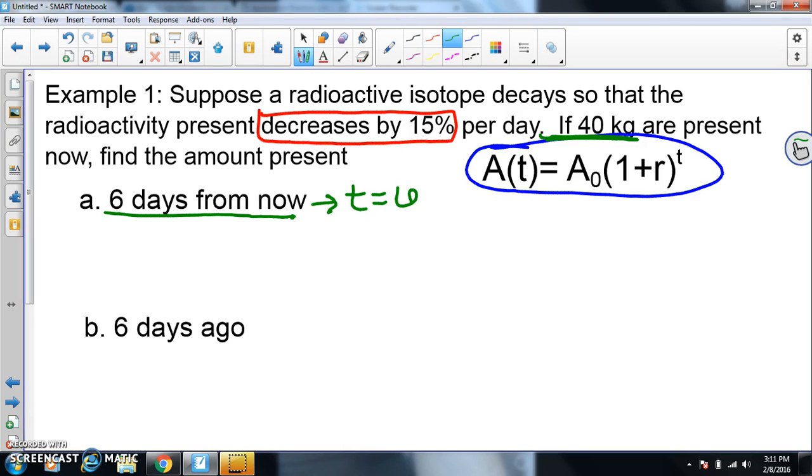We're going to plug it into our formula so that we get A of 6 is equal to the initial amount, 40, times 1. My rate is decreasing by 15%, so I'm going to rewrite that percentage in decimal form. But since I'm decreasing, I need to be subtracting. So 1 minus 0.15 raised to the 6th power.